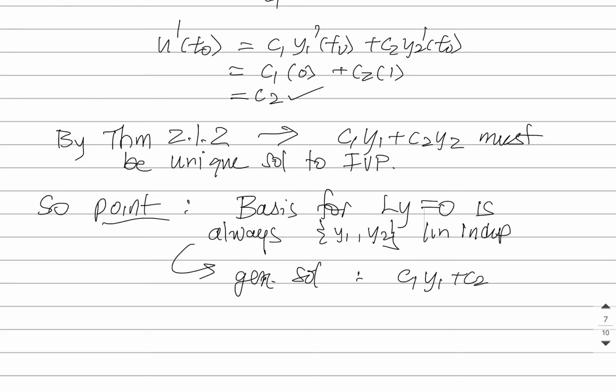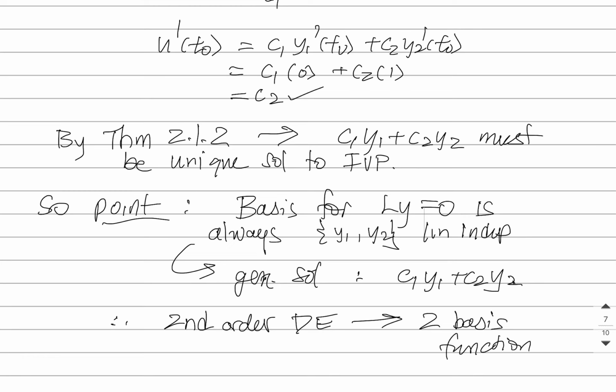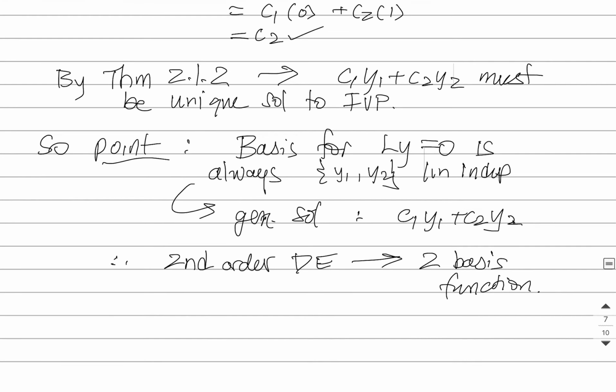Every answer will be formed from a linear combination of those two independent vectors. And another thing is that the second order DE has two basis functions. So in some way, the solution space is two-dimensional. Any answer to any second order problem will always be formed from these two linearly independent functions.